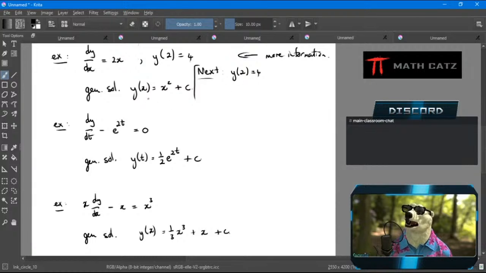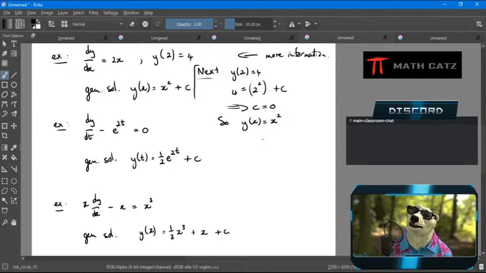So I simply plug it into the original equation. y is 4, x squared will be 2 squared plus c, and that tells me that c is 0. So then I have y as a function of x, in particular that function.